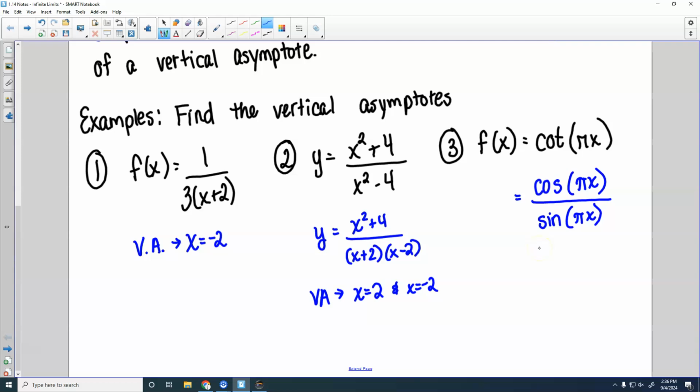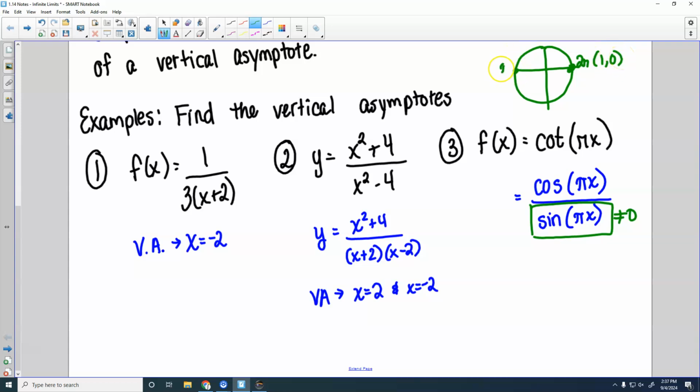And whenever we look at that, whatever is in the bottom cannot equal 0, right? So we want to think on that unit circle, where does sine equal 0? Okay, right here at 2 pi, because your coordinates are 1, 0, and sine is your y coordinate.